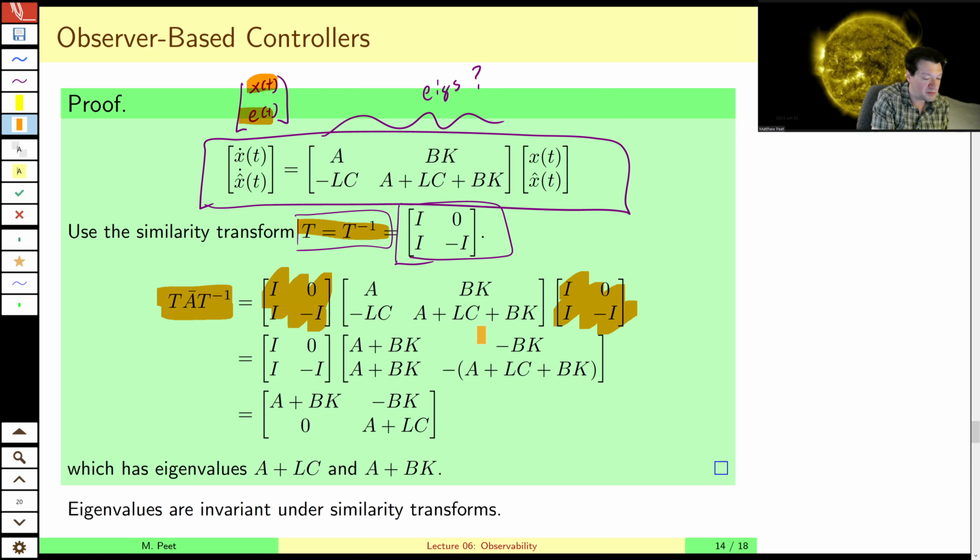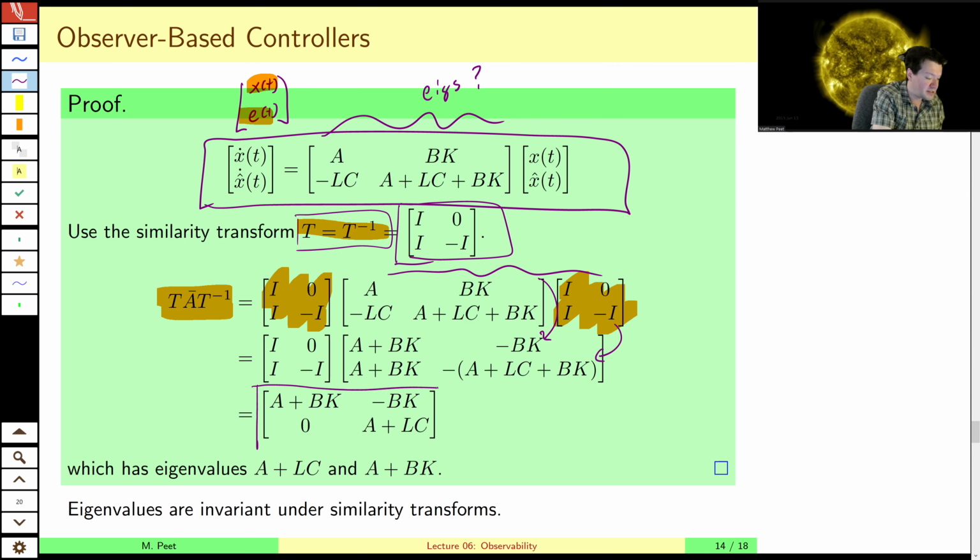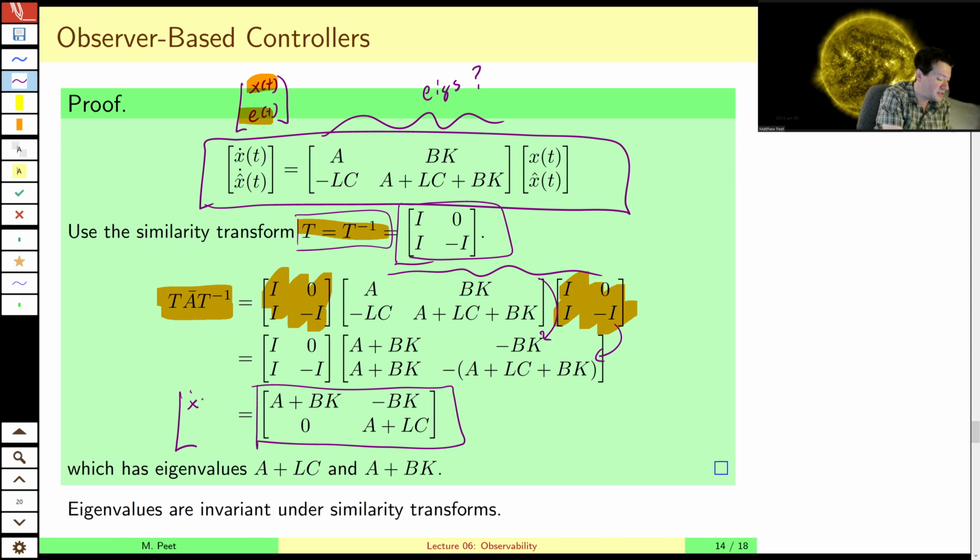What happens when we do that? First we multiply these two together to get this term here. Then we multiply on the left by this other matrix, and we get the set of dynamics given here. And this actually corresponds to x dot, e dot equals blank times x, e.